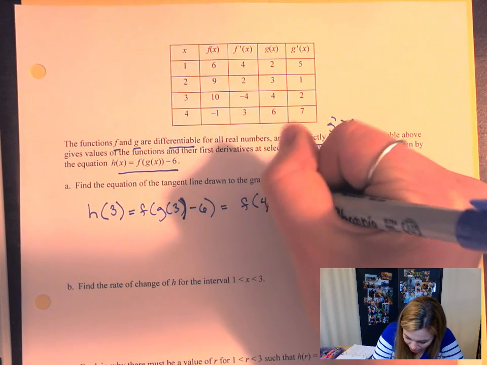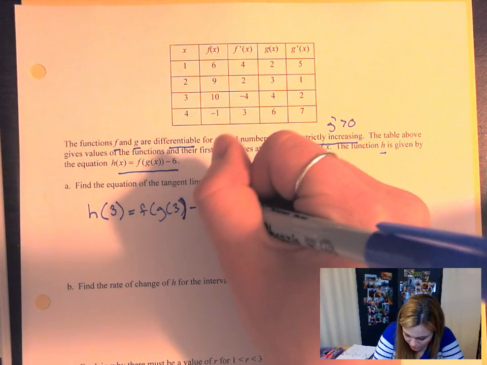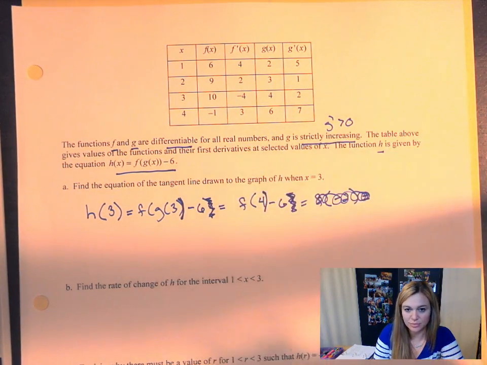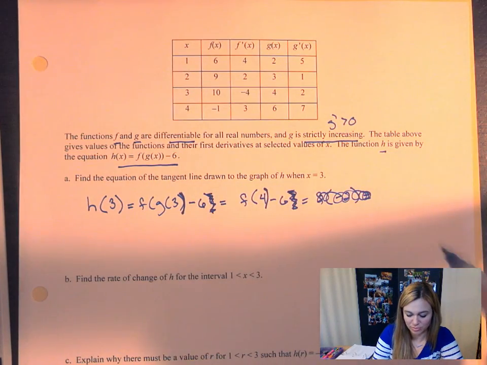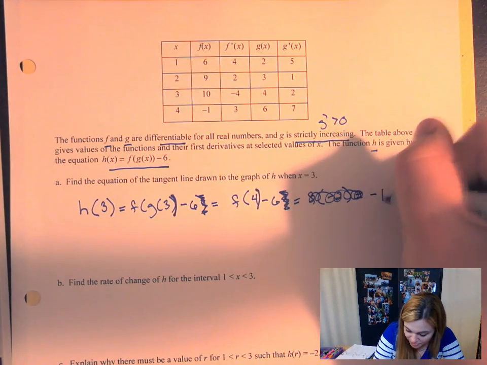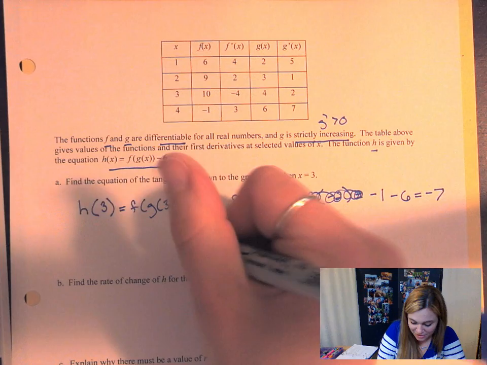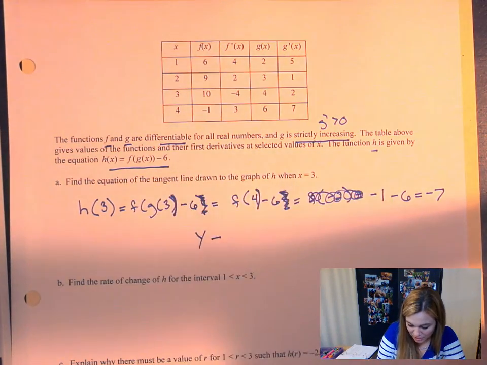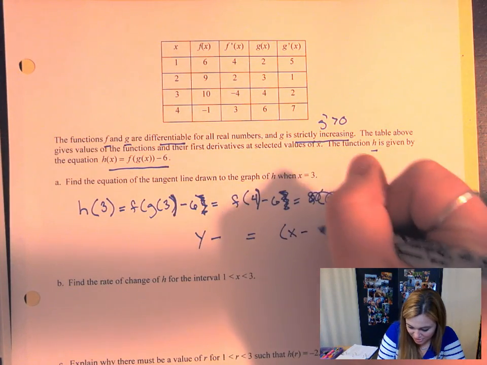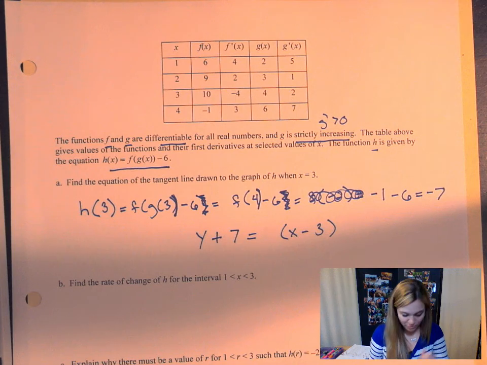So this would be f of 4 minus 6. Maybe you did that too. Maybe I was just showing you, and I did this on purpose. Probably not, because I just wrote all over my paper. But f of 4 was negative 1, minus 6. Hey, we have a point. So when I do y minus y1 equals m times x minus x1, I've got my x value, I've got my y value. Okay, we're good so far.